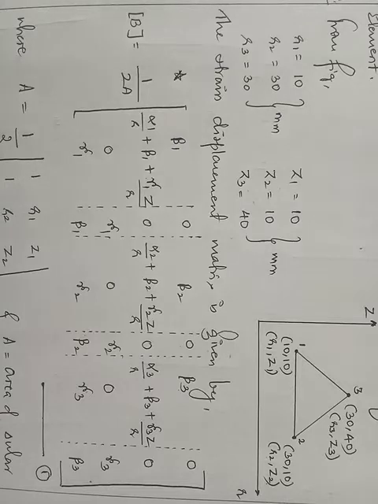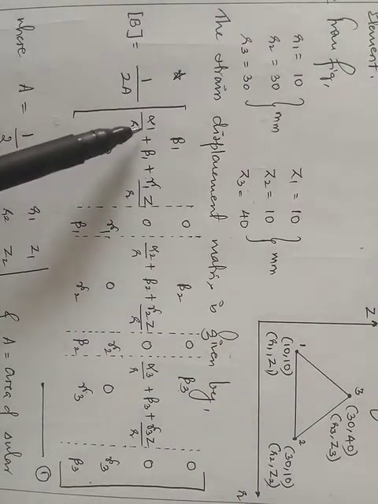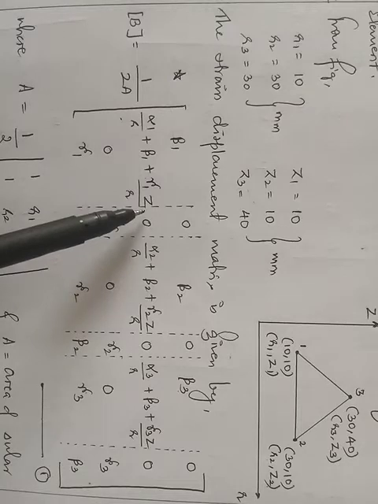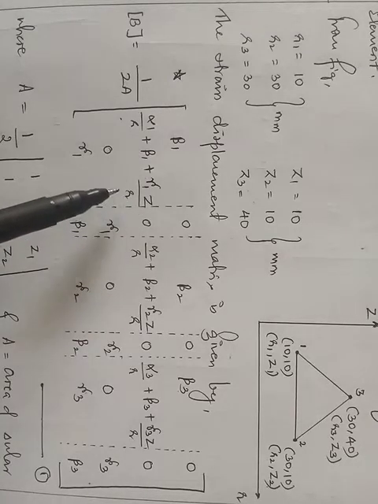You can just check in the previous video, or if you have written it you can check it there. n1 was alpha 1 plus beta 1 r plus gamma 1 z. Now that entire shape function I am going to divide by the term r. So in the first case it becomes alpha 1 by r plus beta 1 plus gamma 1 z divided by r.